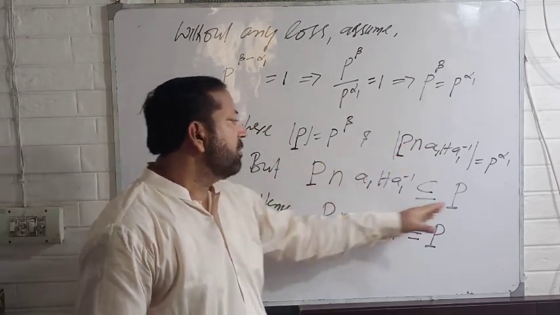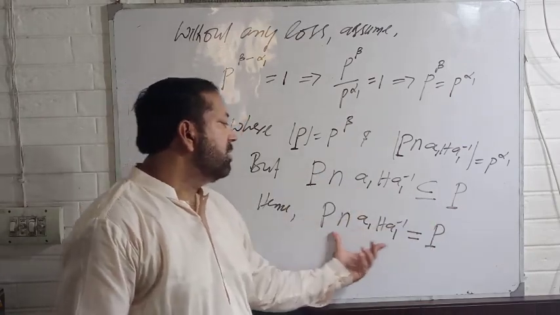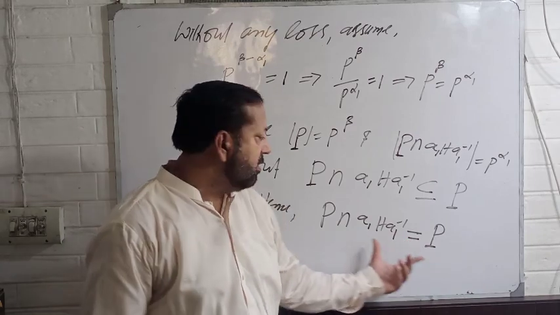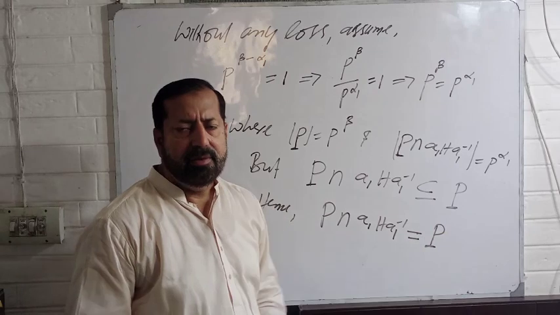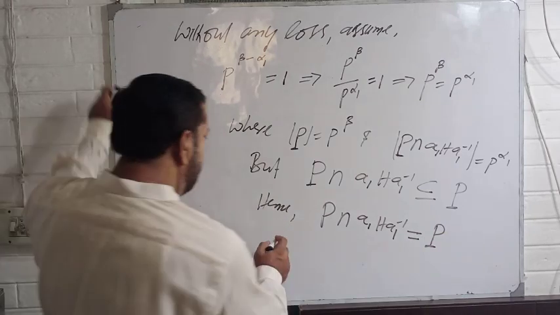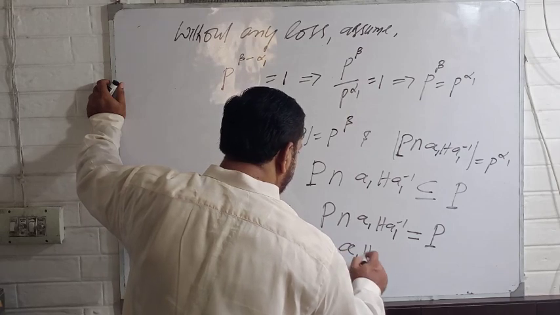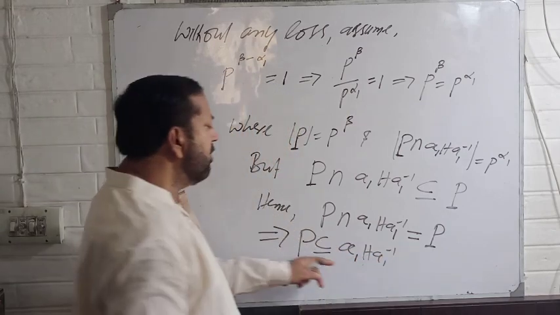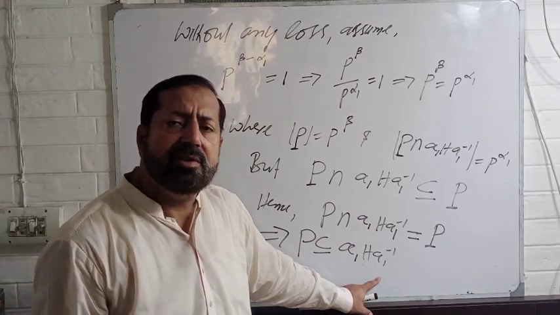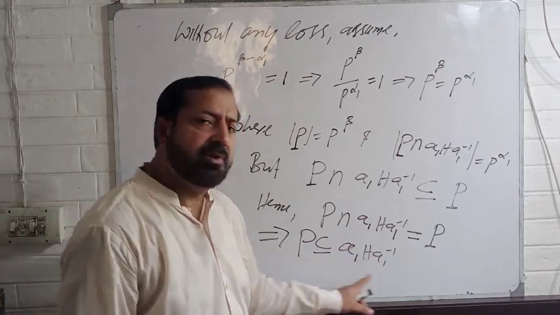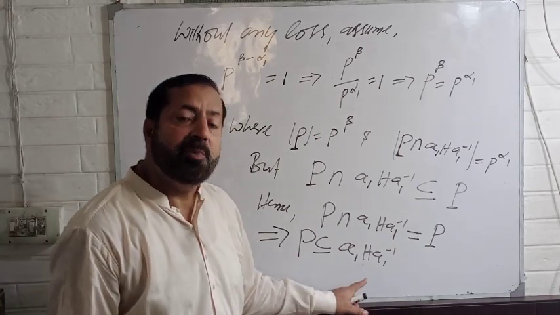If this one is a subset of this with the same order, then these two are equal. So if A intersection B is A, then P is contained in A1 H A1 inverse. But you know that A1 H A1 inverse is conjugate to H, where H is a Sylow-p subgroup, so this is also a Sylow-p subgroup. Hence capital P is contained in a Sylow-p subgroup.